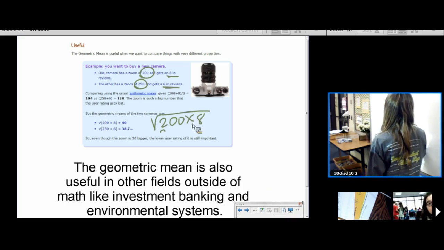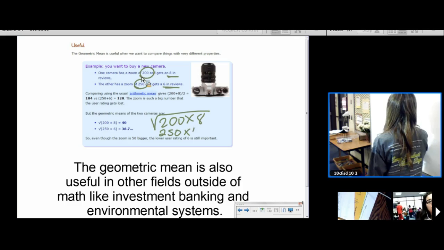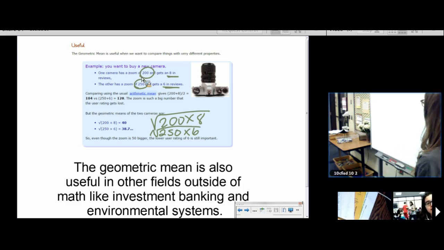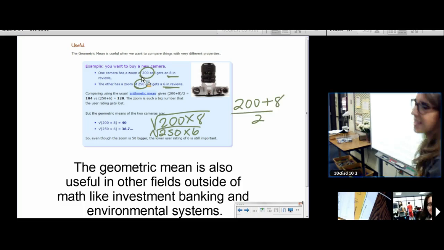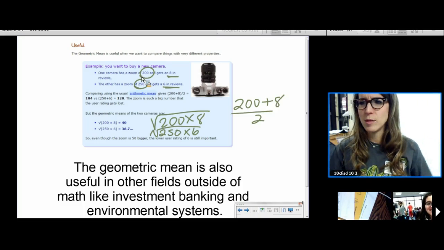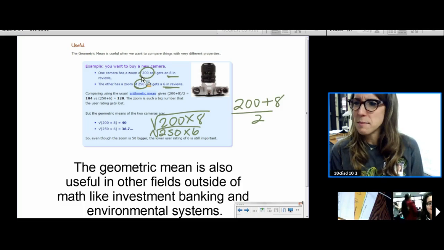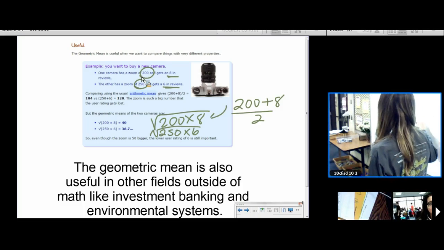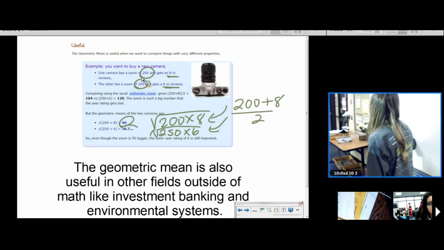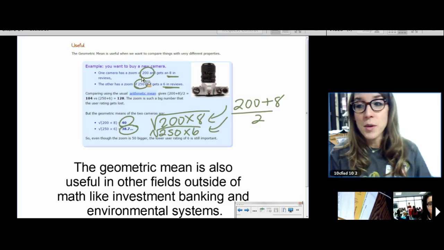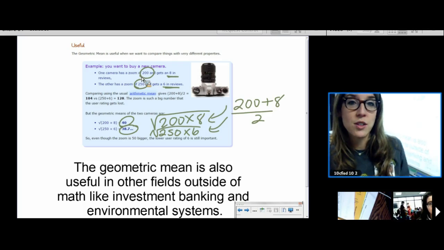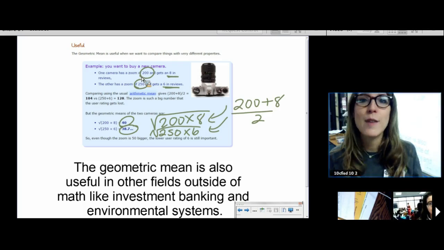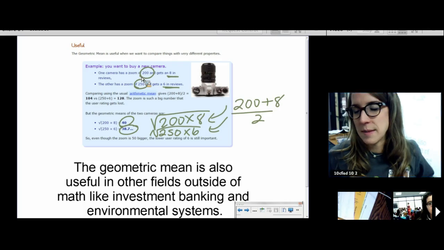That's so much better than doing this to try to find how good the camera is. You wouldn't do 200 plus 8 divided by 2. That number wouldn't mean anything to you. But if you do the geometric mean of both of them, you get 40 and you get 38.7. So actually, the camera with the lesser zoom would be the better buy if all those ratings were really true. You know what I mean?